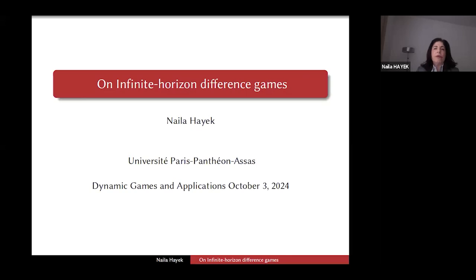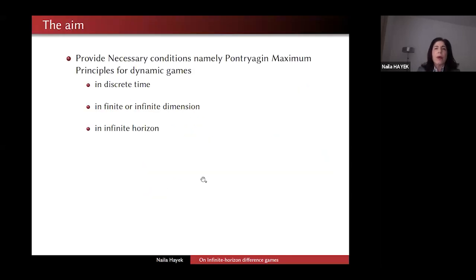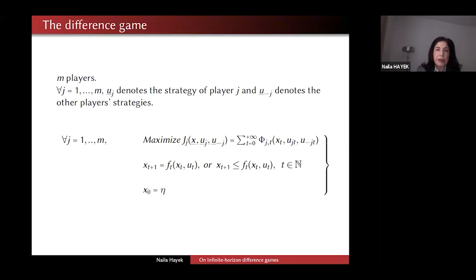So what are the problems that I'm going to talk about? The difference game I'm going to work on is a game with M players. For every j going from 1 to M, u underline sub j will denote the strategy of player j, and u sub minus j, as usual, will denote the other players' strategies.